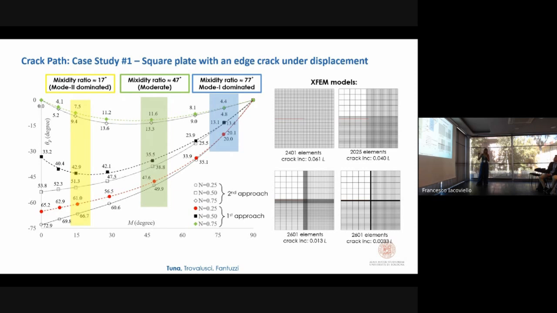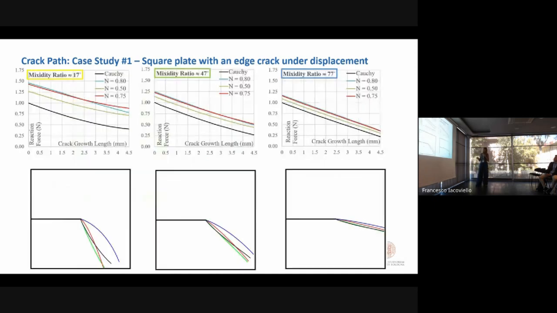And these are different discretizations that we studied to make sure that the resulting crack paths are independent of the discretization. And these are the results we obtained. The black ones are the Cauchy continuum. And the colored ones are micropolar continuum with different levels of non-locality. Here you can see the color code.